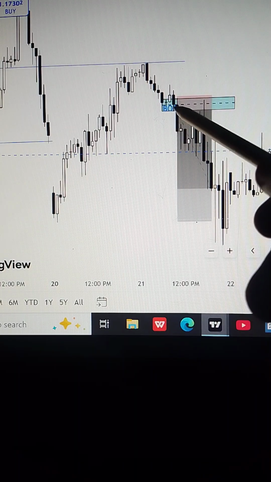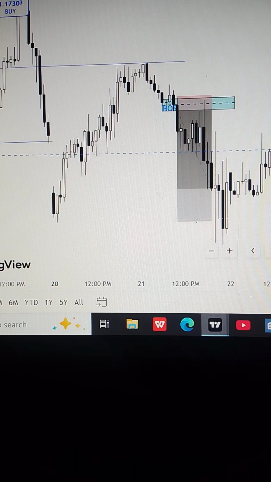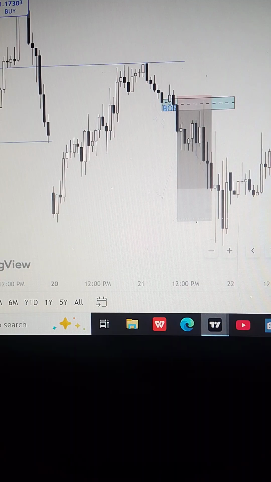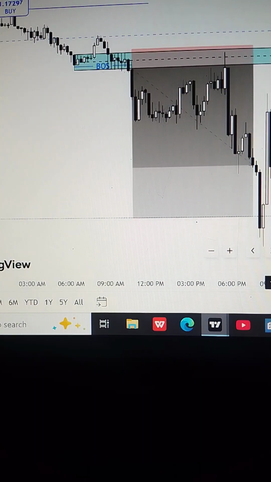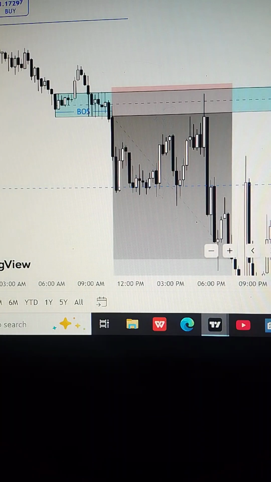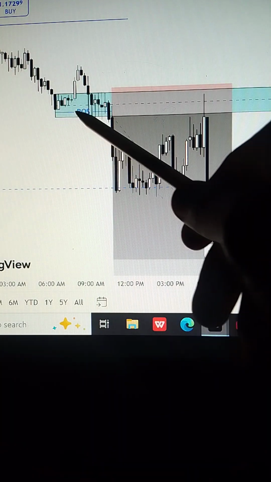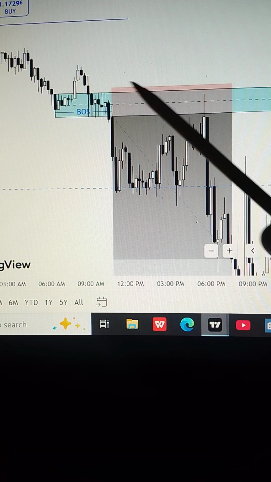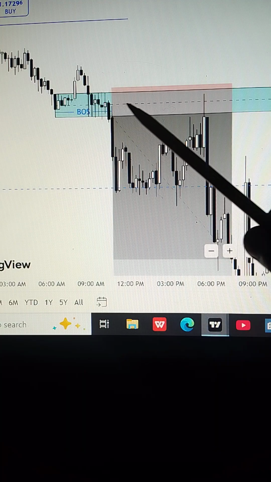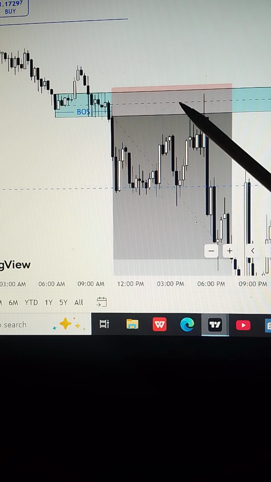On the 15-minute time frame, we had this break of structure. Let me show you well. We had a break of structure here, and we had another order block at that particular zone. So that was our entry.